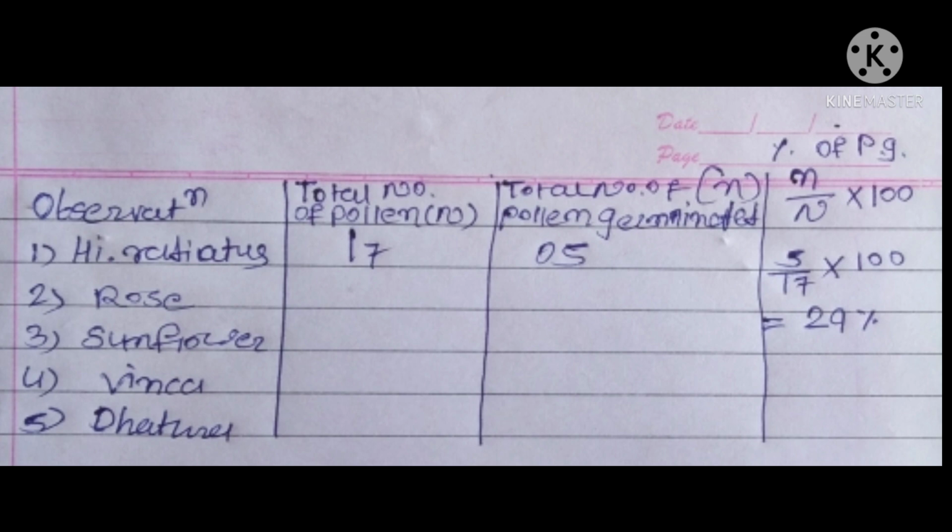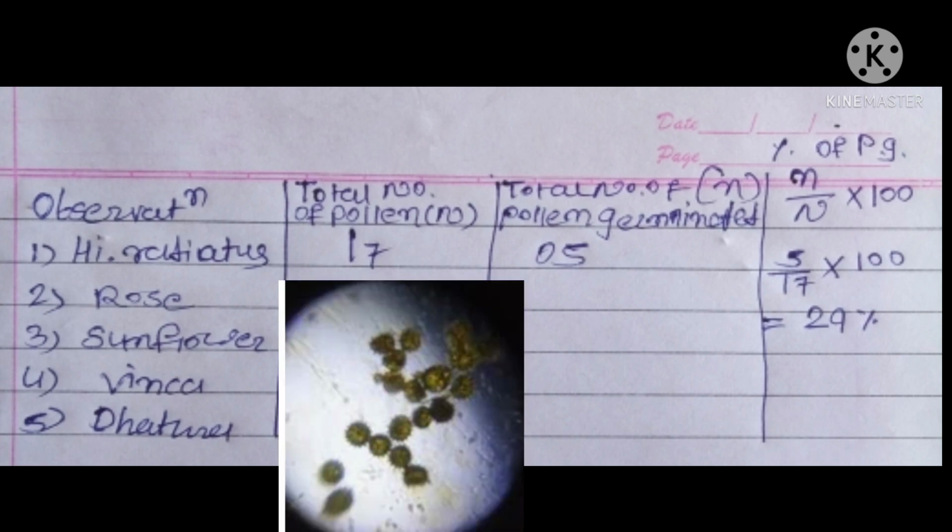Third, sunflower. Fourth, vinca, and fifth, dhatura. Then the second column is about the total number of pollen which you observe in your slide. So calculate its number. As you remember, it's 17, as you can see in the figure.